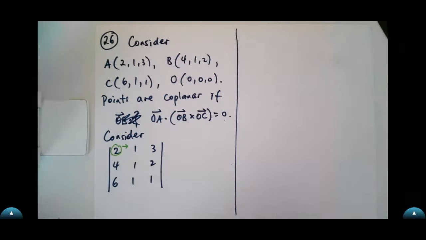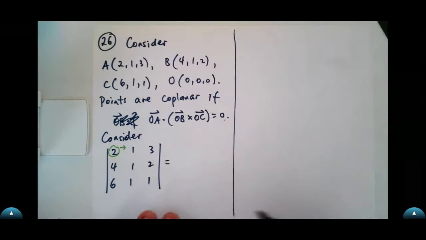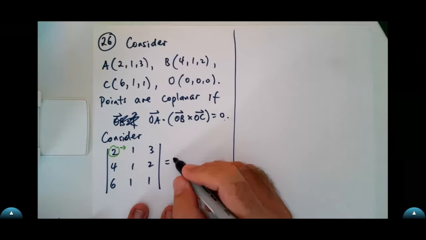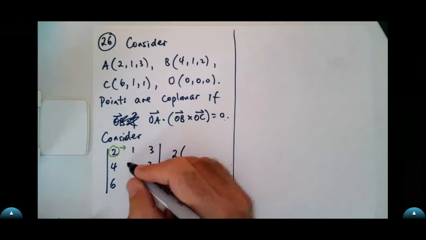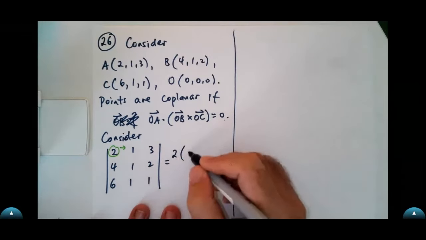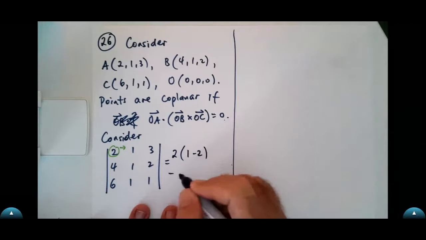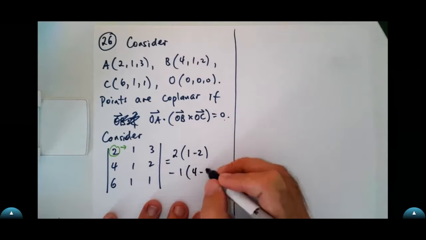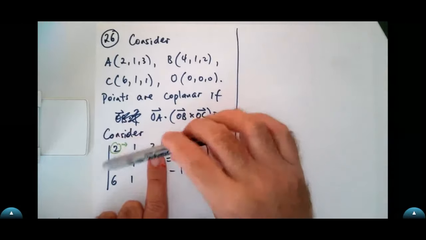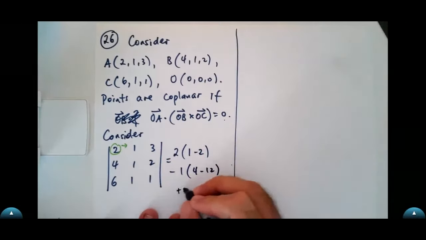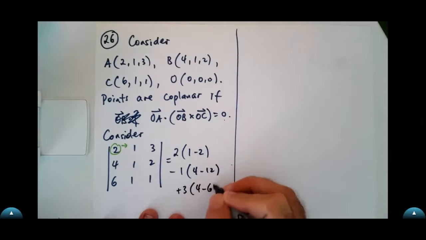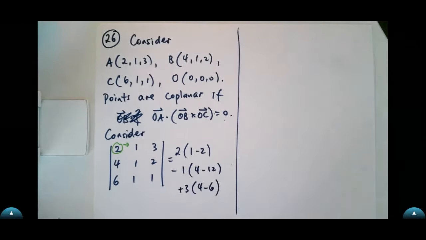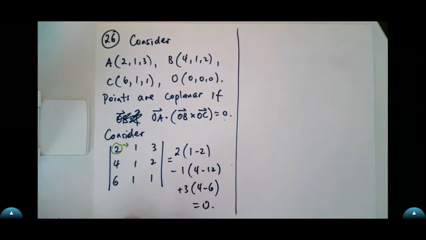So that's how you do it. So it's going to be that minus that. 4 minus 12. That 4 minus 6. So you add those up and you will get 0.